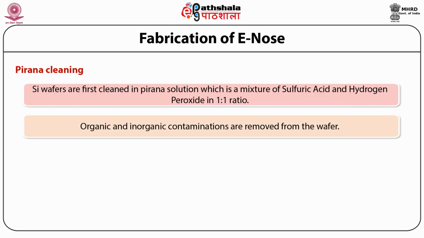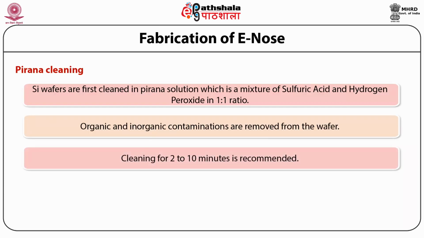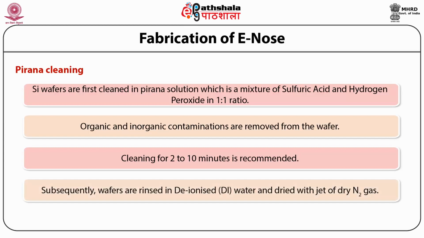Organic and inorganic contaminations are removed from the wafer. Cleaning for 2 to 10 minutes is recommended, and subsequently wafers are rinsed in deionized water and dried with a jet of dry nitrogen gas.